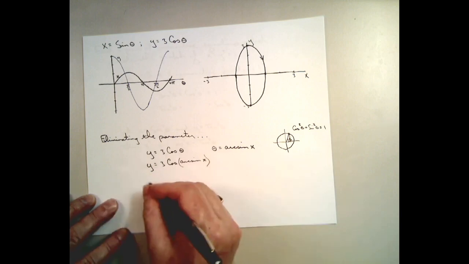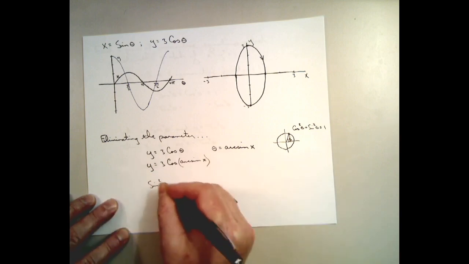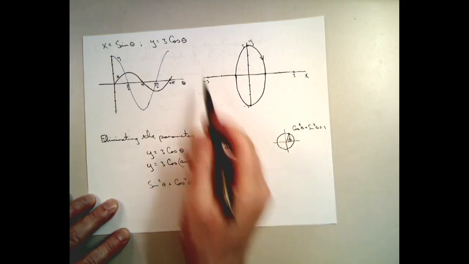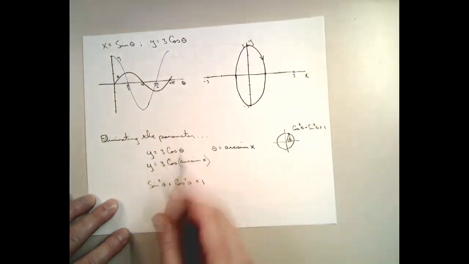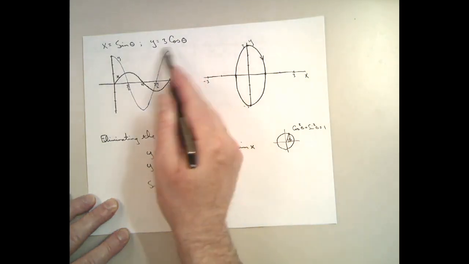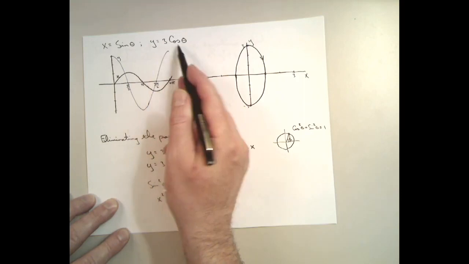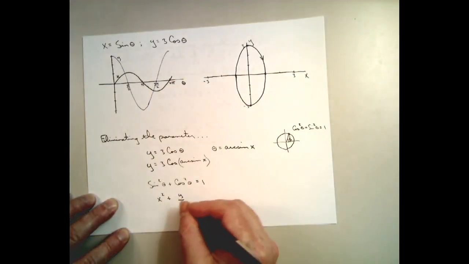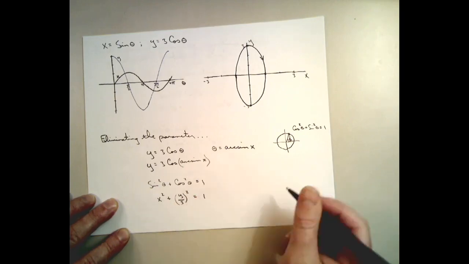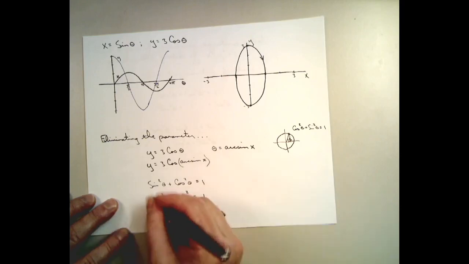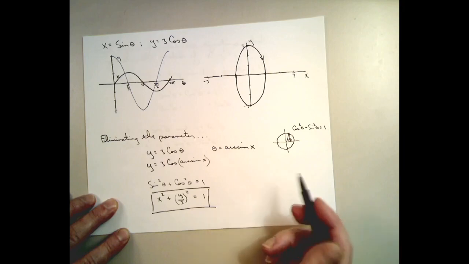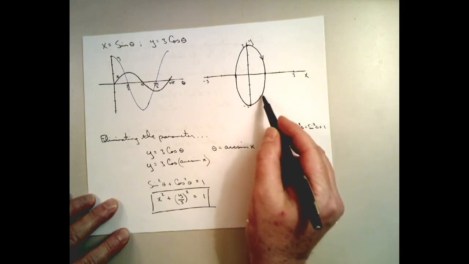So since I know that sine squared theta plus cosine squared theta is 1, with a little bit of algebraic manipulation, I can write that x squared plus y over 3 squared is 1. And so this equation, in terms of x and y, describes the same curve that I graphed over here.